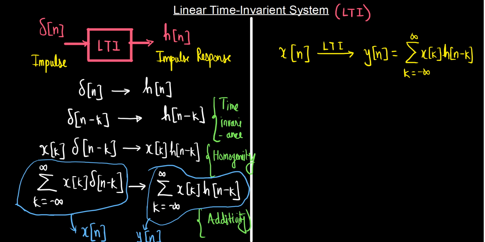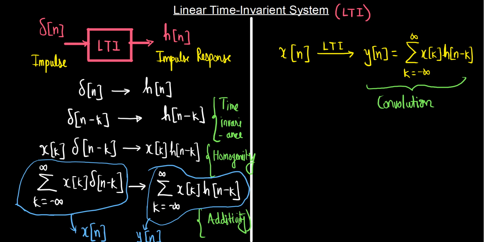Now this thing here is called a convolution sum. So this here is called convolution. Convolution is again an English word. It simply says mixing. So let's interpret this equation here.